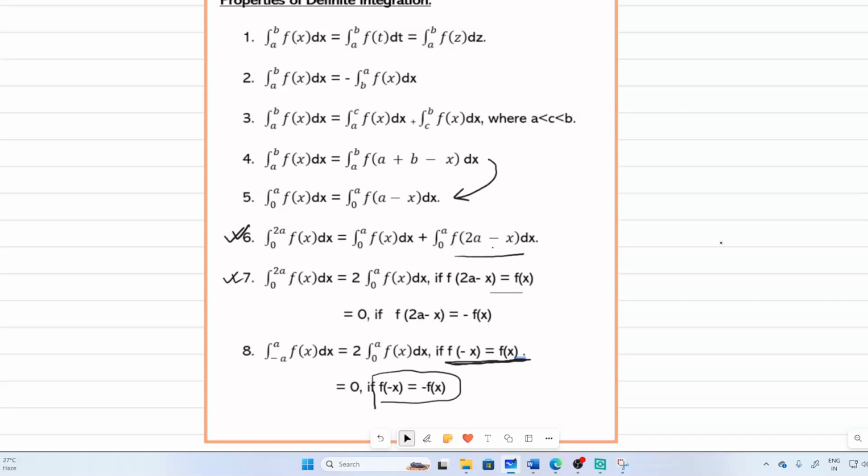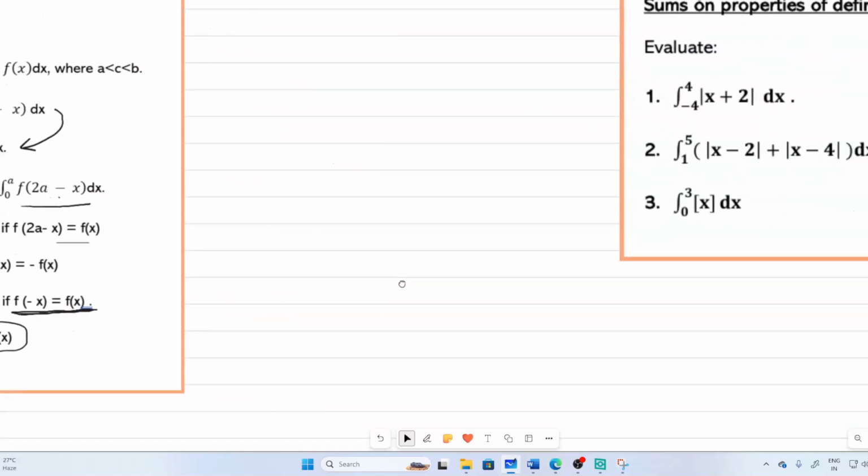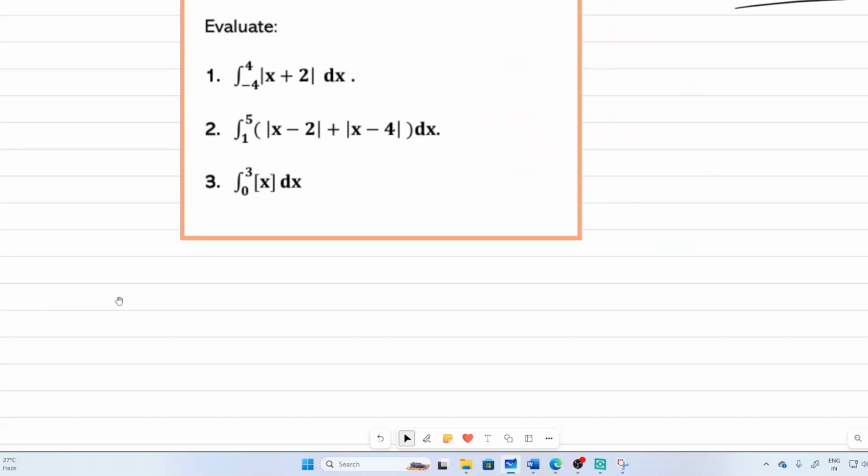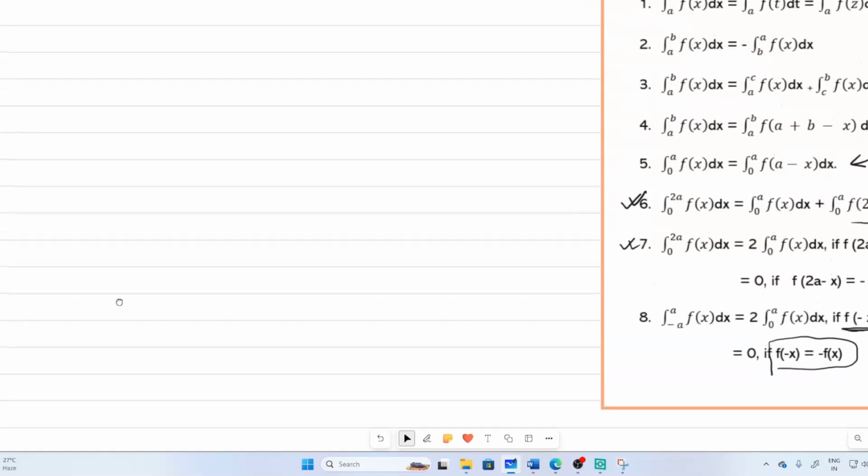Okay. So let us apply these in solving sums based on them. We are going to do number 1: integral minus 4 to 4 of mod x plus 2 dx. How to integrate this? From minus 4 to 4, you need to know the interval where the mod function is positive or negative.